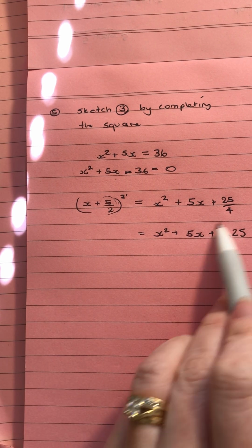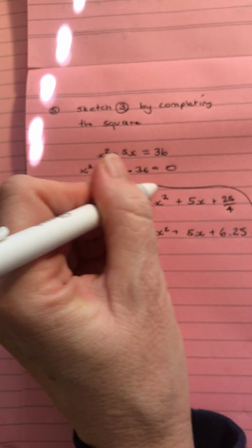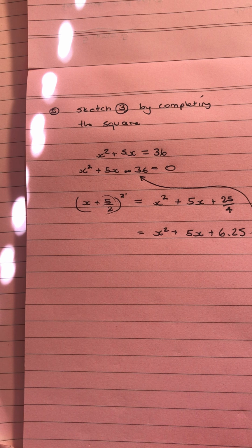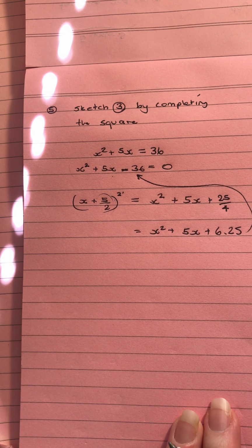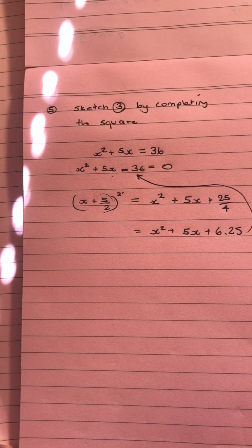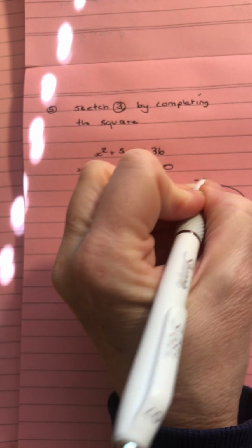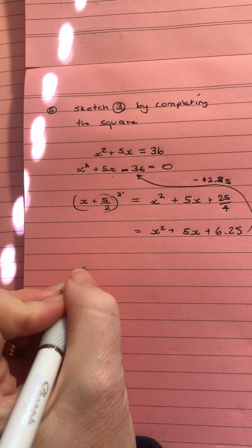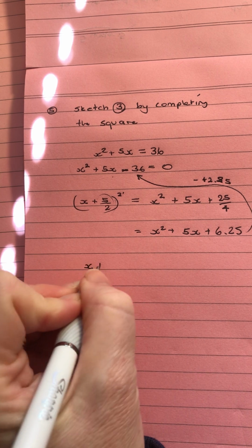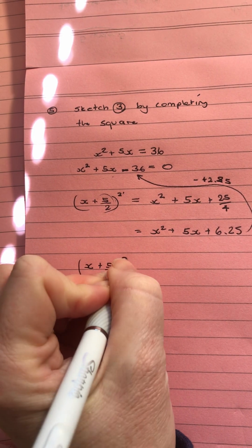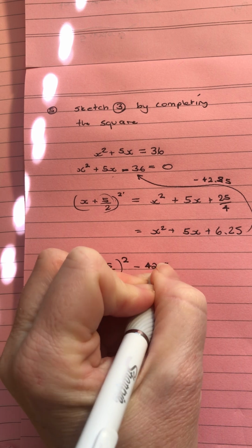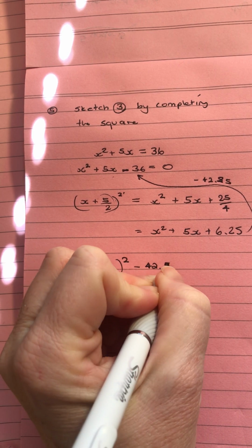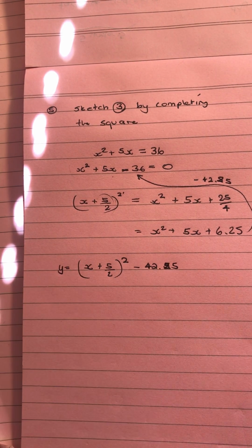So then we have a plus 6.25, but we want it to be negative 36. So what are we going to take away? So we will do take away 42.25. So now when we write it, we can have (x plus 5 on 2) squared, take 42.25 as our equation.